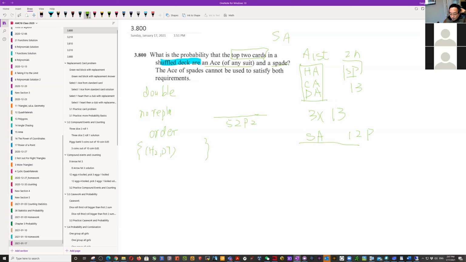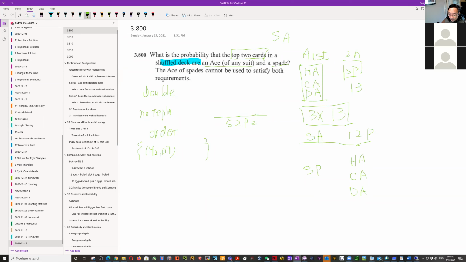And then we have to think about it in reverse. We can have heart A, club A and diamond A in the second position, with a spade in the first position.